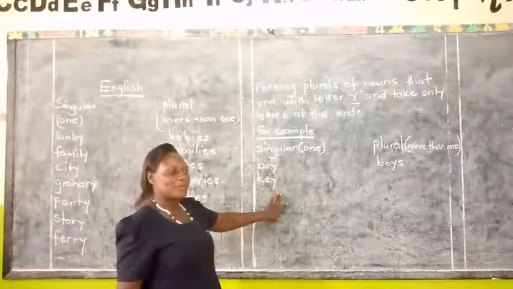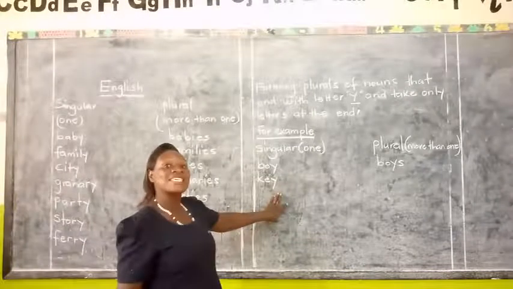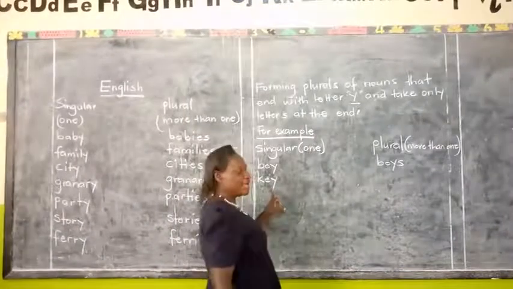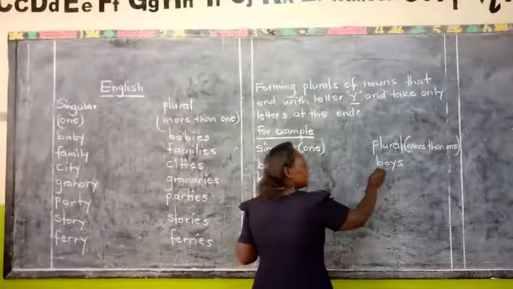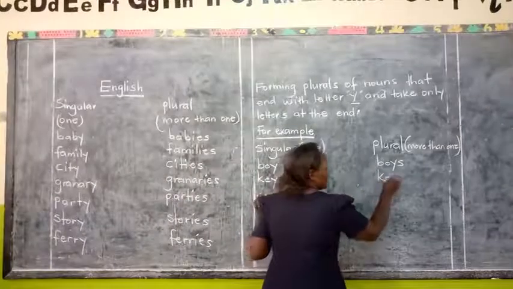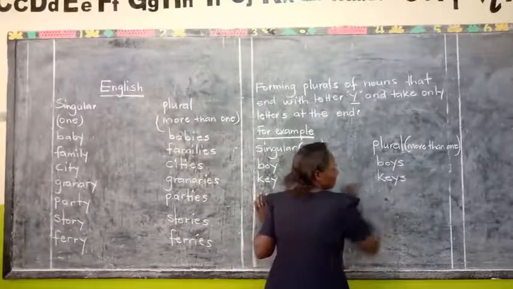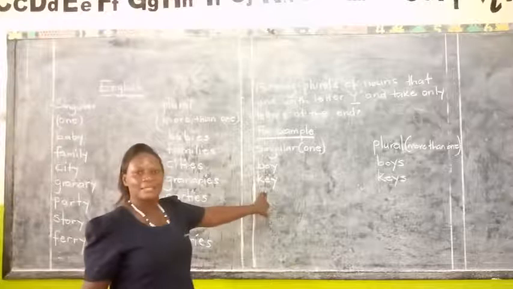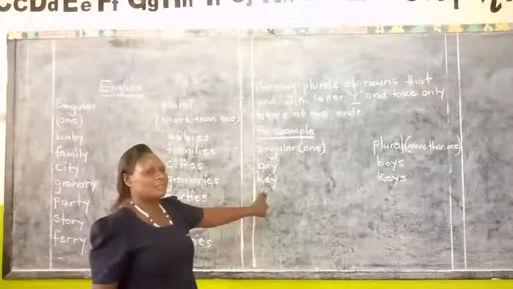Once they are more than one, we call them keys. Again, you leave letter Y, you just add on letter S. We have keys. She has my keys. I have left my keys in the class. My mother's keys.